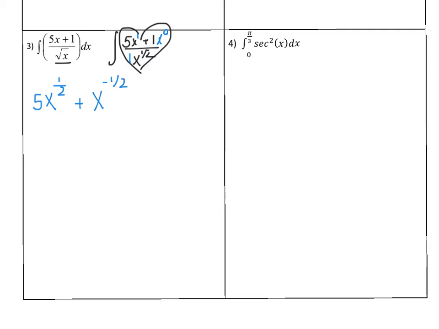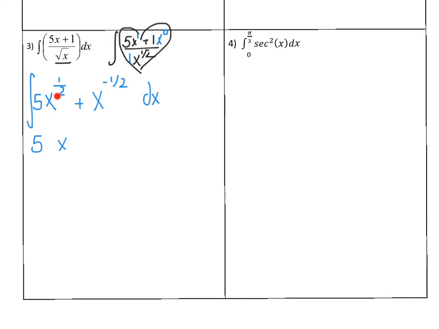So now, like before, we're going to integrate this over dx. So add 1 to the power and divide by that power. But the rule that I showed you is that instead of dividing by a fraction, we're just going to multiply by its reciprocal. So we're going to keep the 5, that's here, leave a space, x.